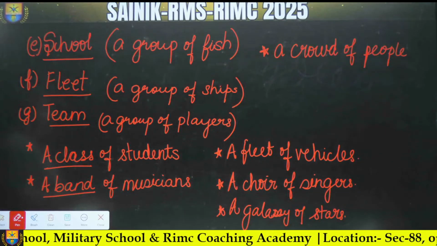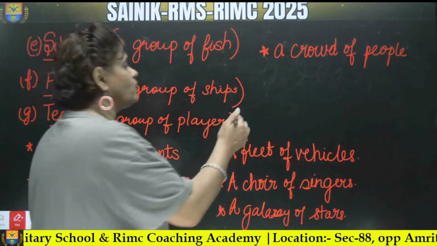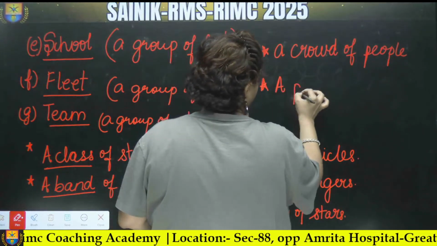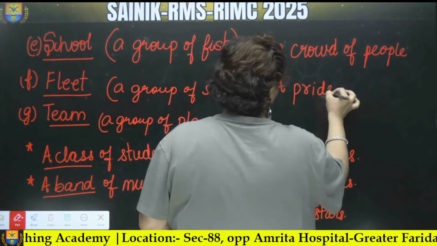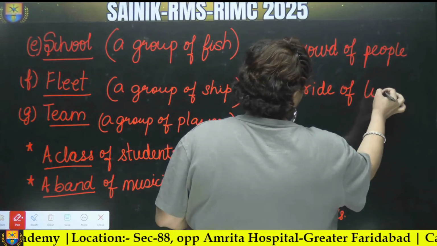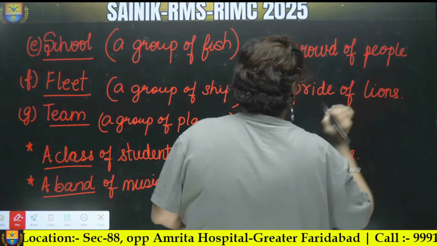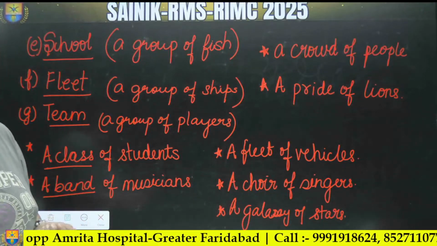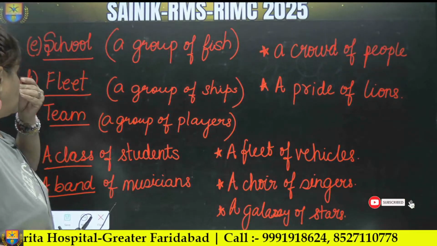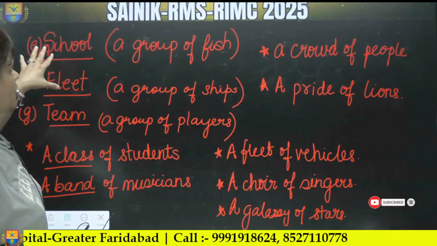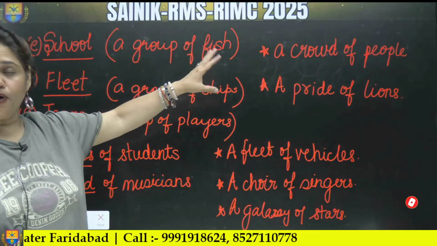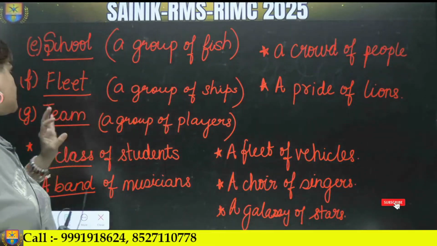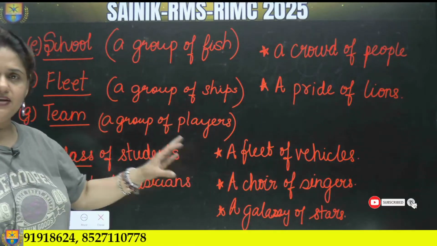Now when we see a group of lions, what do we say in collective noun? A pride of lions. Now these are the various examples for collective nouns. Let's read them. A school of fish. A fleet of ships. A team of players.